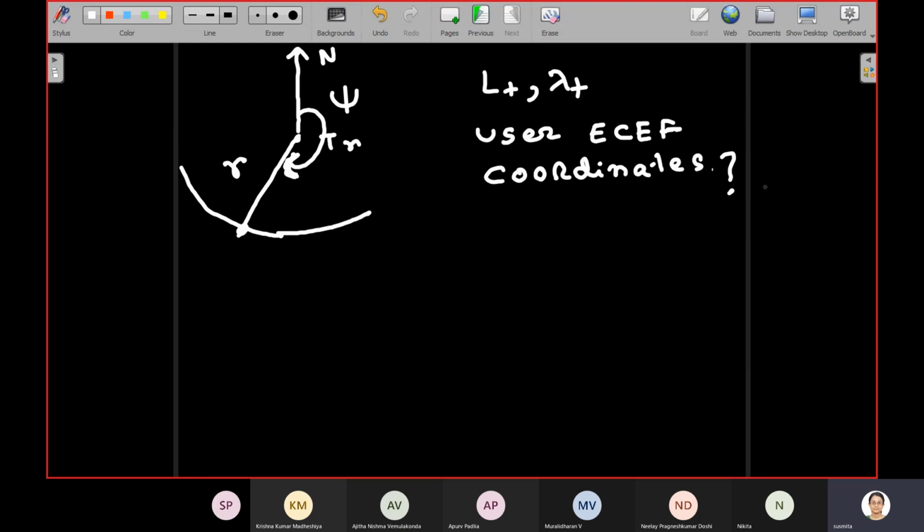How did you proceed? Can anybody tell me how you approached the problem? Have you tried or not? Yes. We have R and we can find the transmitter altitude H using R and angle psi.